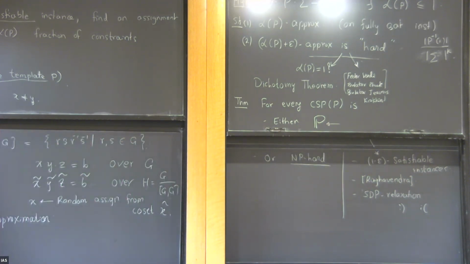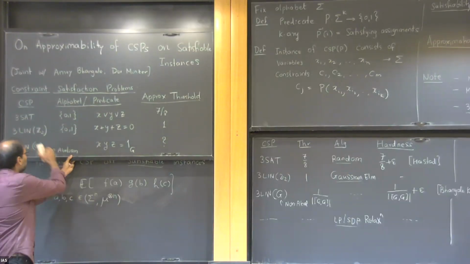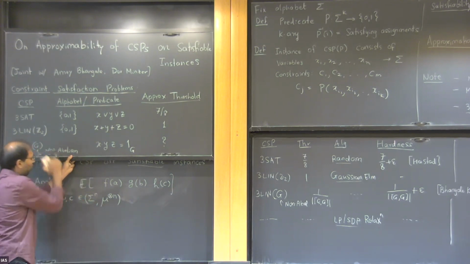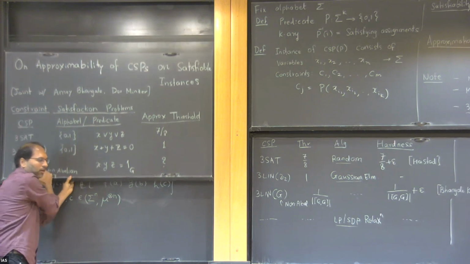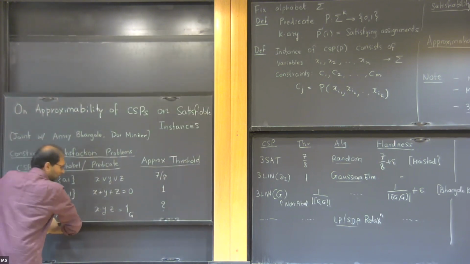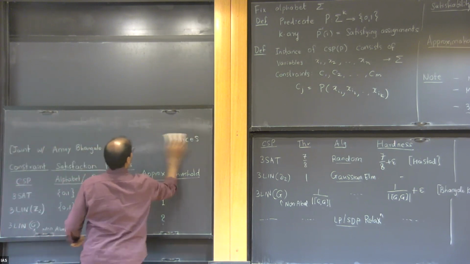So I hope to at least quickly say a little bit about the dichotomy theorem, a little bit about Raghavendra's result, and then what we do. In particular, I will at least state the analytical question, which I think is really interesting, even independent of the applications.